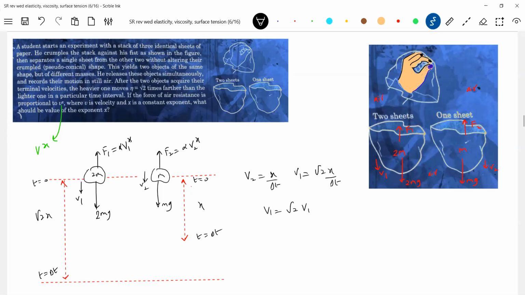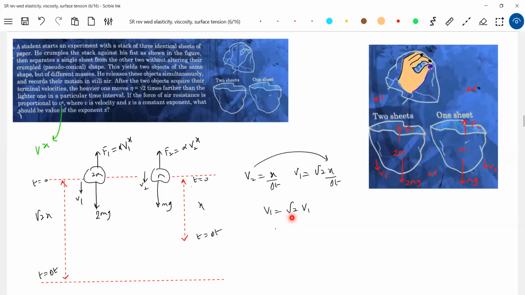Substituting this here. Okay, now I'll square it. Shall I square it? Now why should I square? Because, okay, first we'll do one thing.